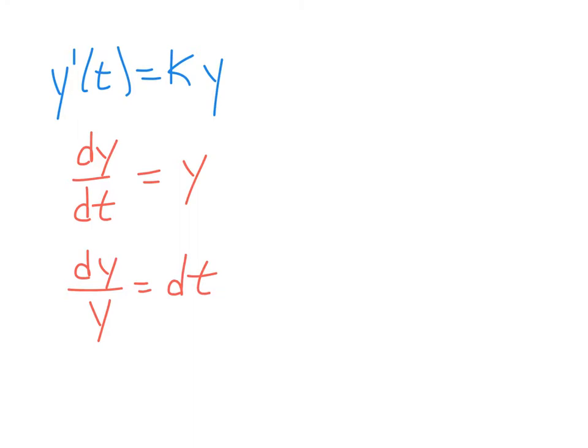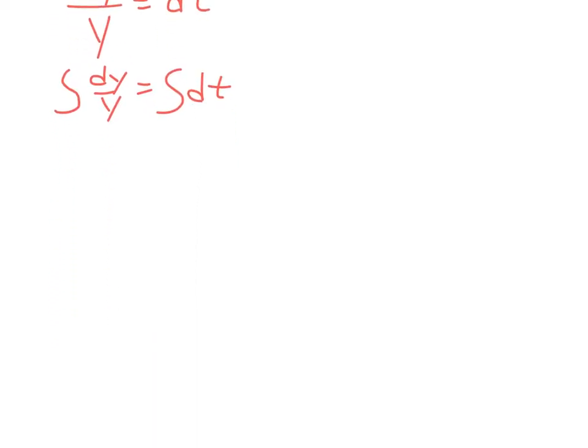And then we're going to integrate both sides. I guess I'll just do it here. So, we're going to integrate dy over y and integrate dt. And when we do that, we're going to get the natural log of y equals t plus our constant.